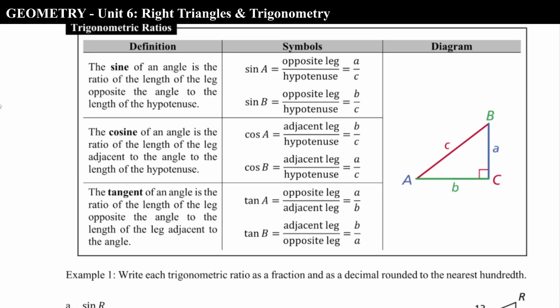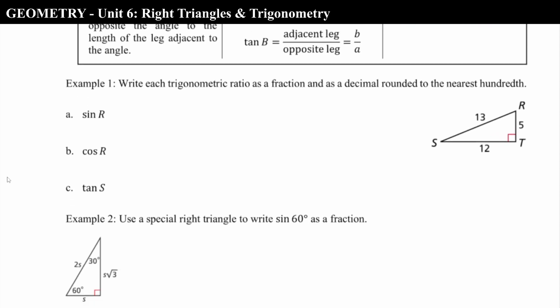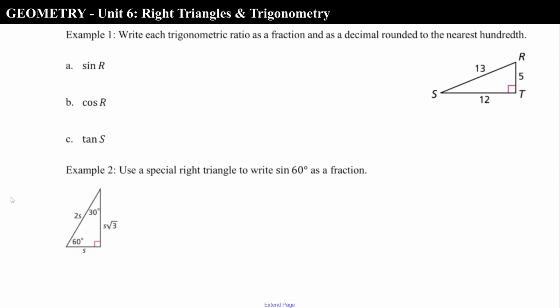So let's take a look at how these work. In example 1, we're going to write each trigonometric ratio as a fraction and as a decimal rounded to the nearest hundredth. Before we get into this, let me give you a little mnemonic to use.